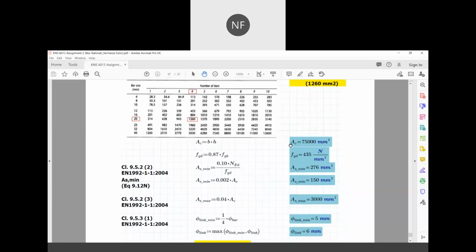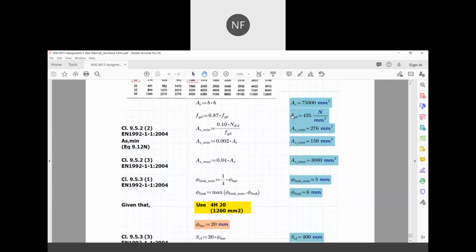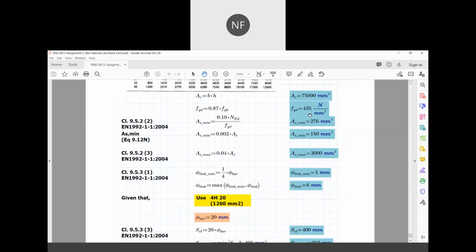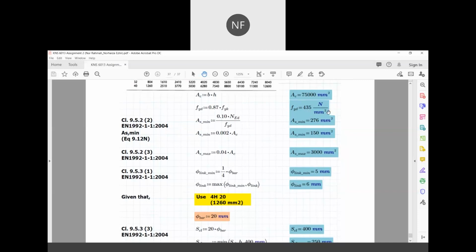And here we are determining the minimum area, that is equal to 0.10 multiplied with the axial load divided by the fyd, and the fyd is equal to 0.87 multiplied with the fyk, that is equivalent to 435 Newton per millimeter square.